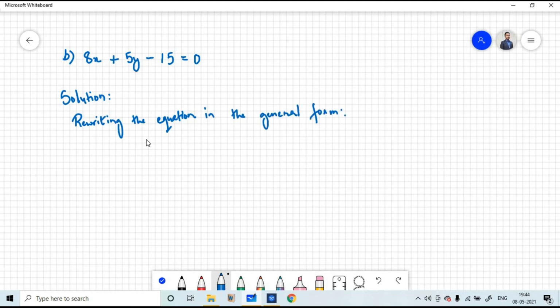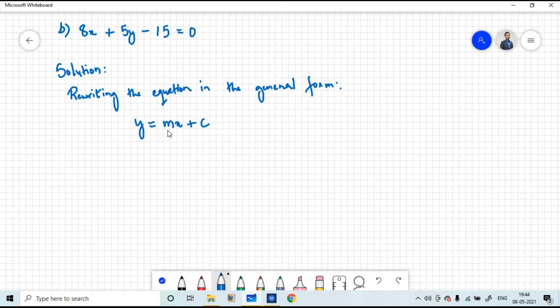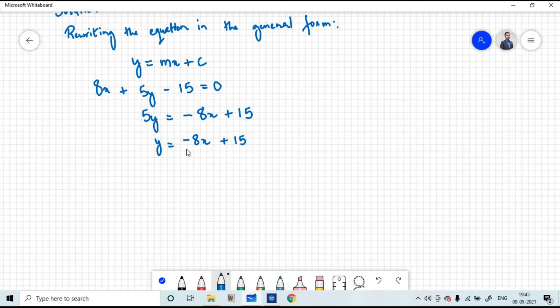The general form of the equation of a straight line is y equals mx plus c, where m is the slope and c is the y-intercept. Let us keep the term involving y on one side and take the other two terms to the right hand side. In doing so, we have 5y equals minus 8x plus 15. Let us transfer 5 to the denominator.